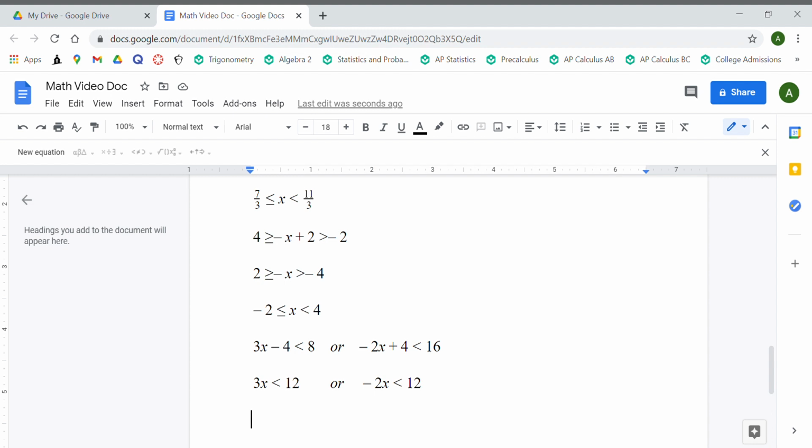For this inequality, divide each side by 3. We should have x is less than 4. For this one, we divide each side by -2. Remember to flip the symbols. We have x is greater than 6.